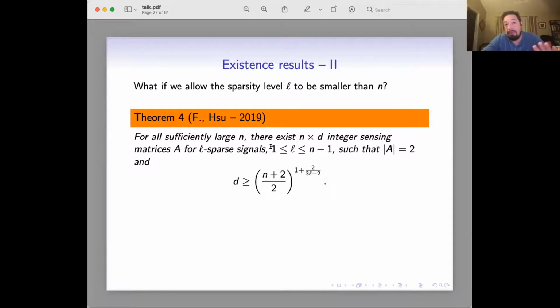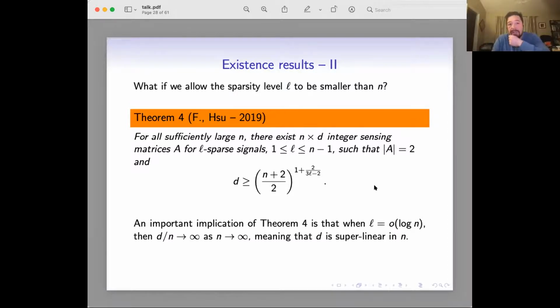In principle, our theorem allows L to be as big as N minus 1, so that now A has entries between minus 2 and 2. And now D is greater or equal than this bound. So this is the lower bound.